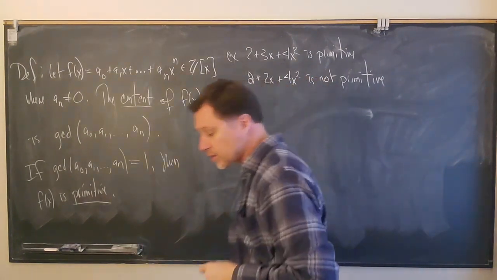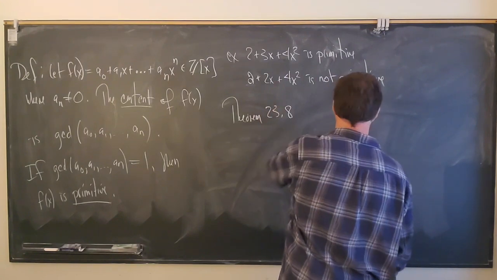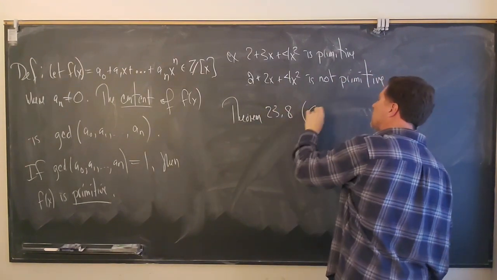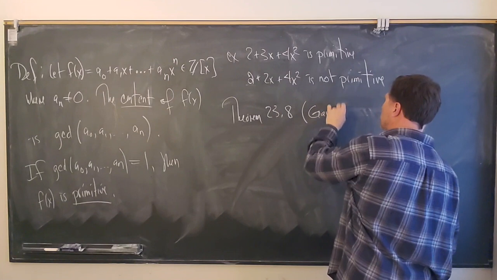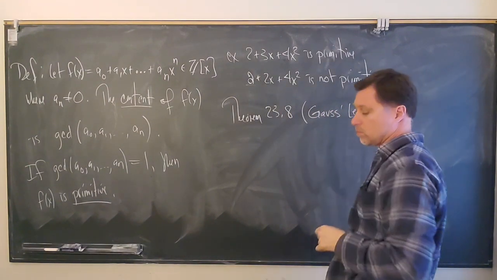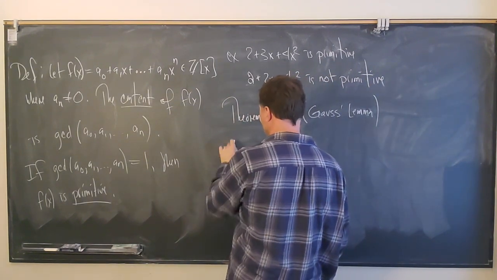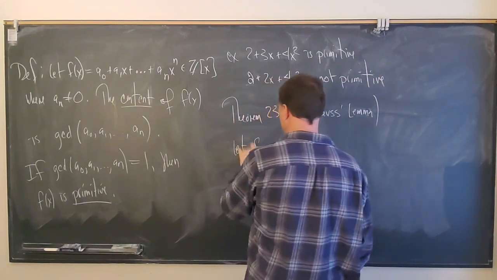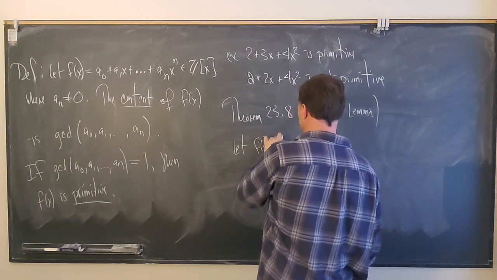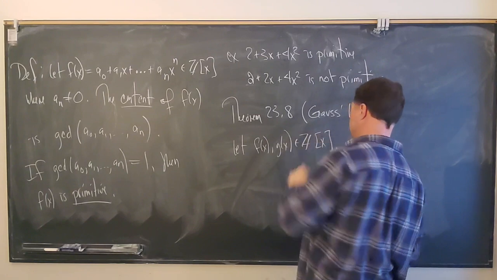Okay, and now this leads to our next theorem. This is theorem 23.8, and this theorem has a name. It's called Gauss's lemma. What we need are a couple of polynomials. Let f of x and g of x be polynomials with integer coefficients.